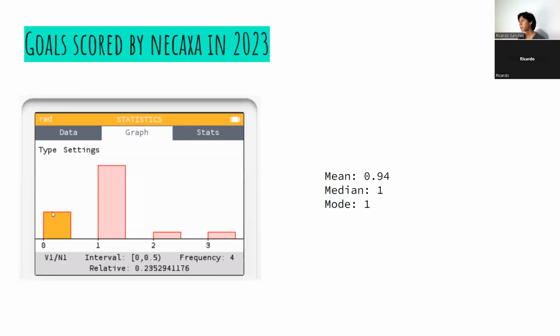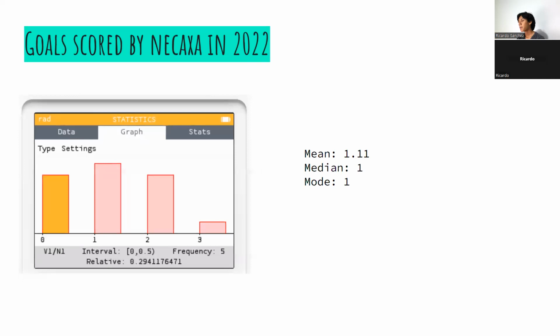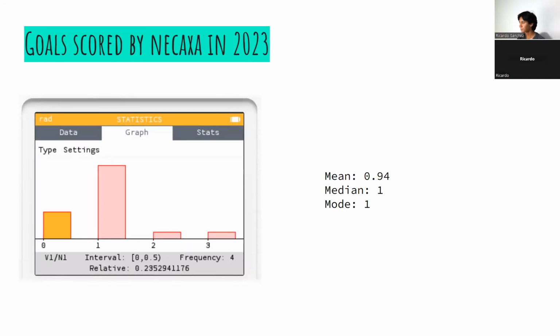In 2023, they scored less than 2 goals, but there were fewer matches without scoring. So in my opinion, it was a big change for good.